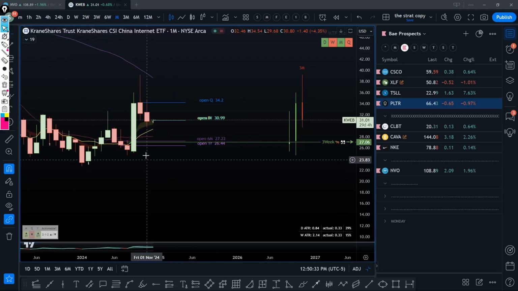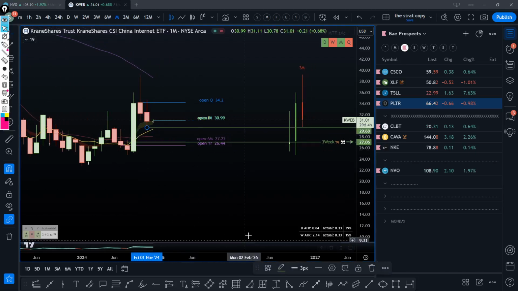Looking to see if that can continue, break the low of the previous month under 229.68, that could be an easy play if Trump continues to have China on his shit list. So just watch the China stocks and the China ETF as a whole to see if they continue to plummet.